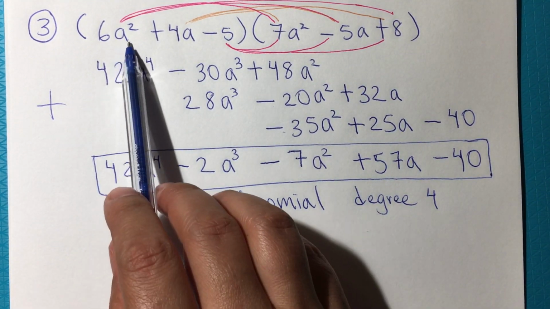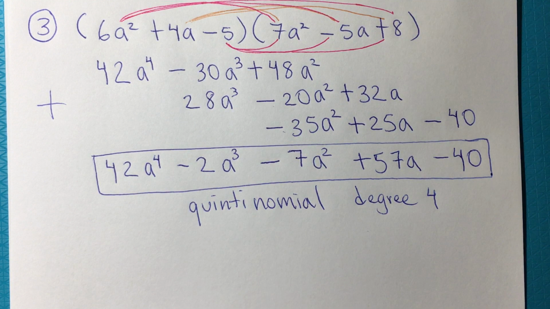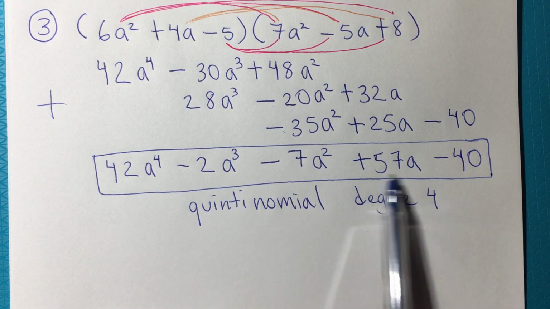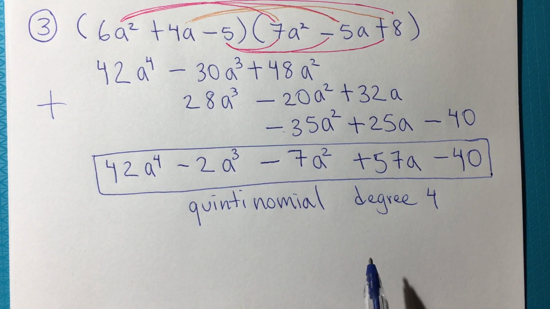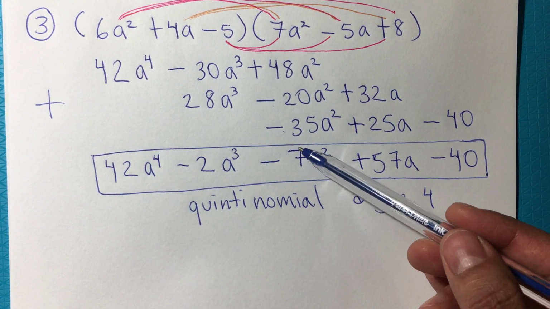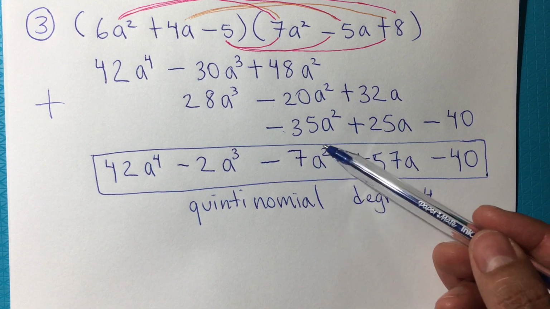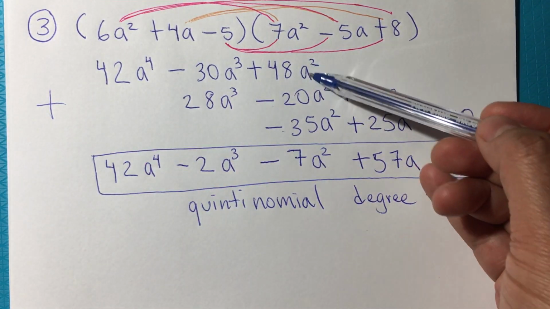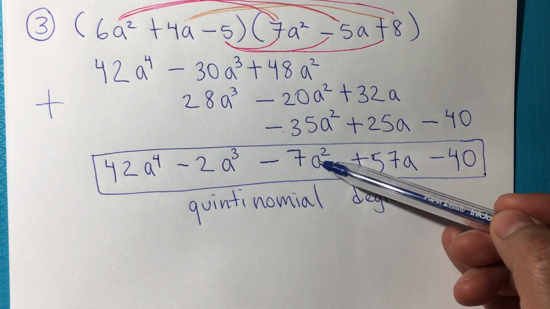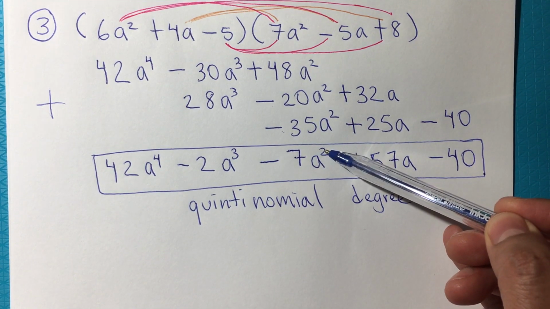Again, something that I want you to notice before we learn that in the closure property, it says that when you're adding, subtracting, or multiplying a polynomial, you end up with a polynomial. But one more thing is that in addition and subtraction, the coefficients change. But when you're adding, you notice that the variable and the exponent do not change.